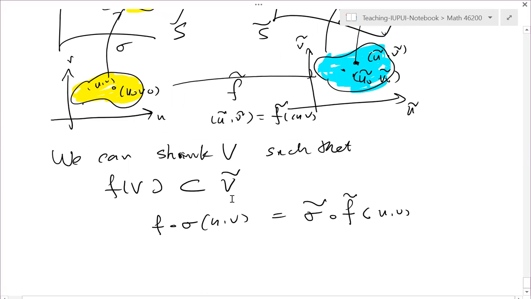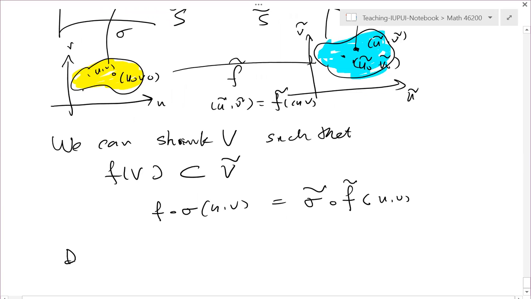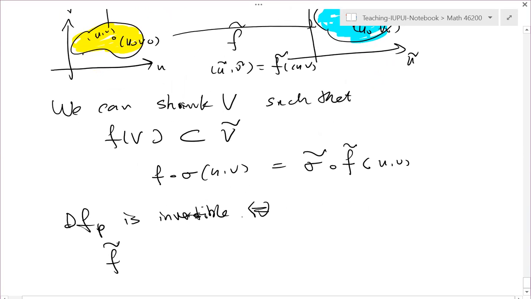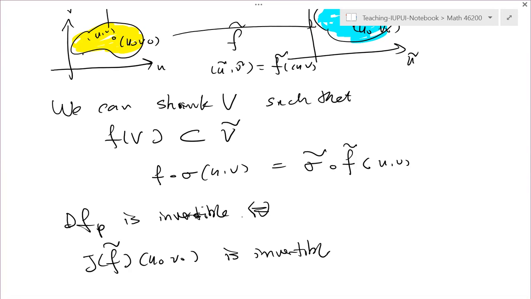Now the conclusion is that DF_p is invertible if and only if the Jacobian of F2 at this point is invertible. You can write down the detailed formula for the linear map DF_p, and you find out the Jacobian is involved.